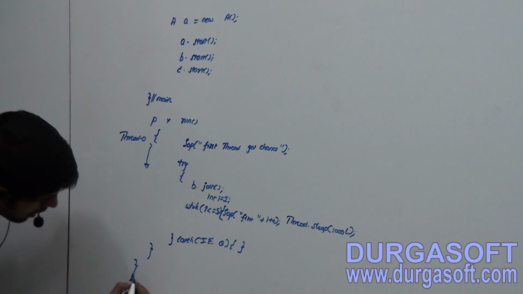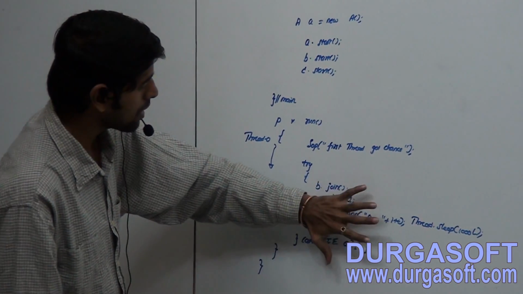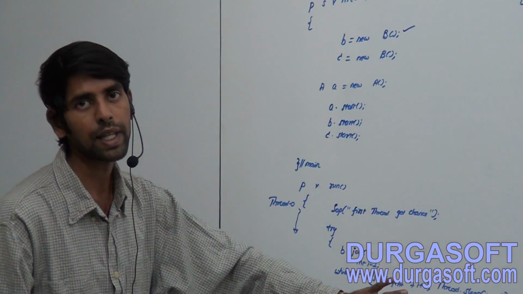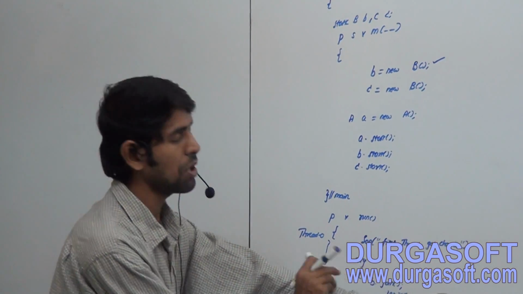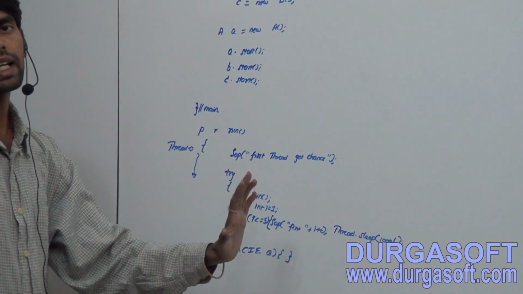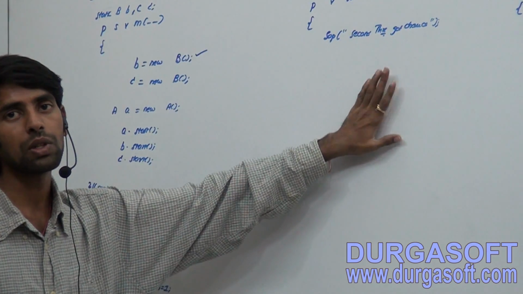This piece of code is not here honestly speaking, but I wrote it like a fool. Please don't get confused. So B dot join, it will wait until the completion of this thread. Now the control will come into this run method.